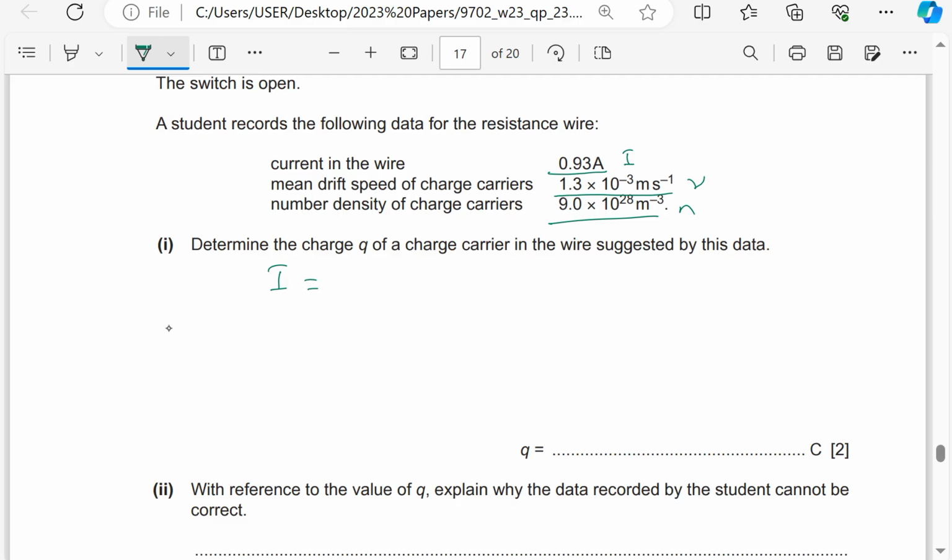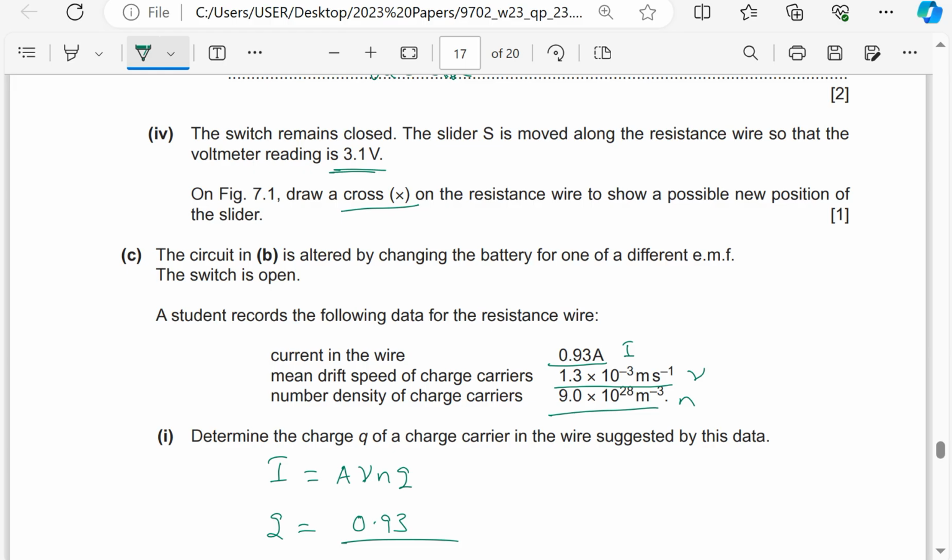So know that current is equal to A v n times Q. So Q will be equal to the current, which is 0.93, divided by the area, which is, I think they gave us the area. What was the area?